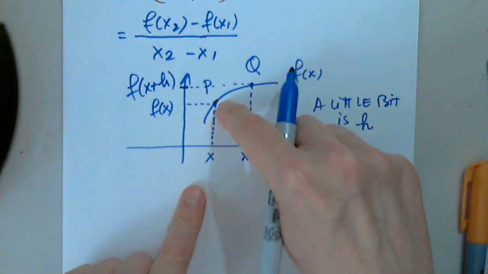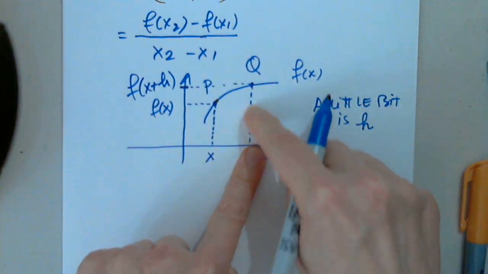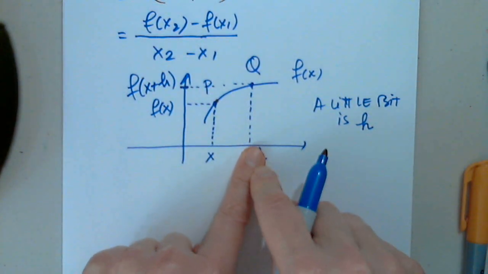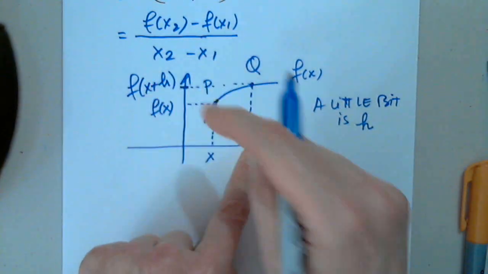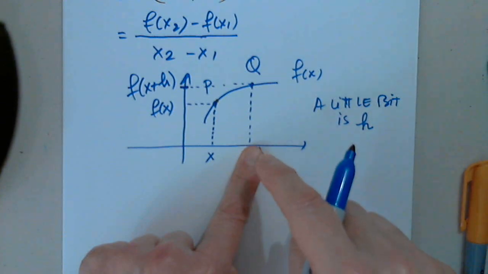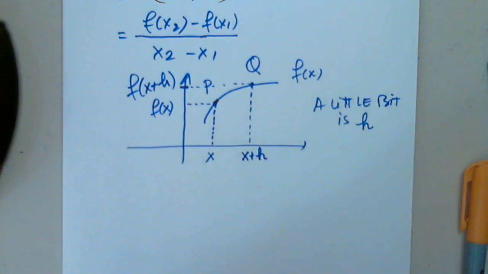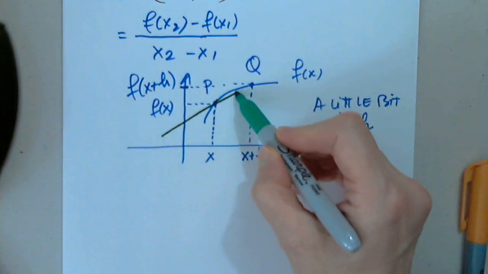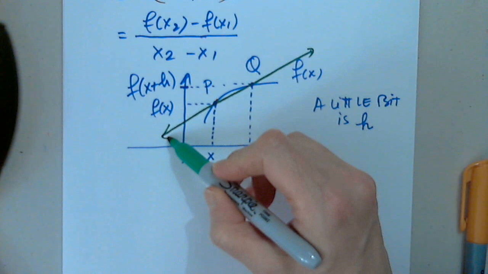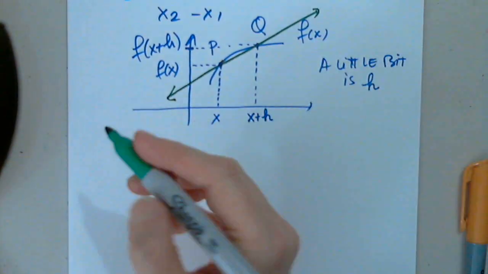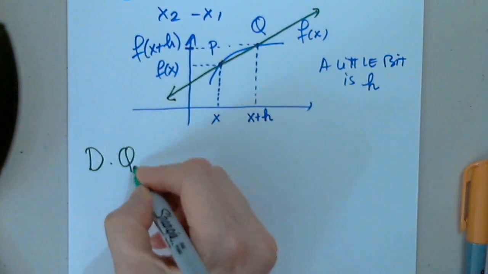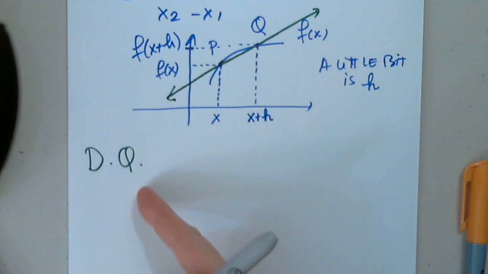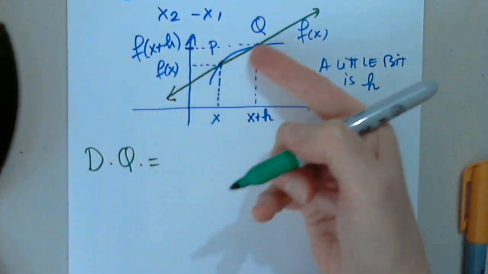So if I have x, this is f of x. If I have 15, this is f of 15. If I have 3,500, this is f of 3,500. If I have x plus h, this is f of x plus h. In the same way, we're going to draw a line passing through these 2 points, and now the difference quotient, DQ, is the slope of this line.